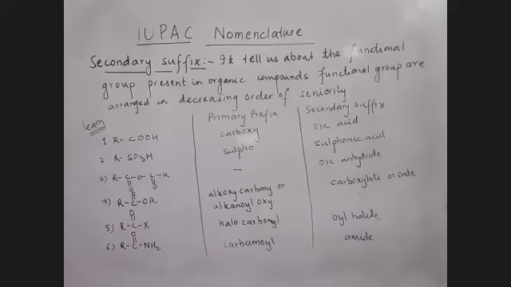First, carboxylic acid, RCOOH, then RSO3H, then the anhydride. You have to learn this table as it is. Copy this. If this is done, let me know.